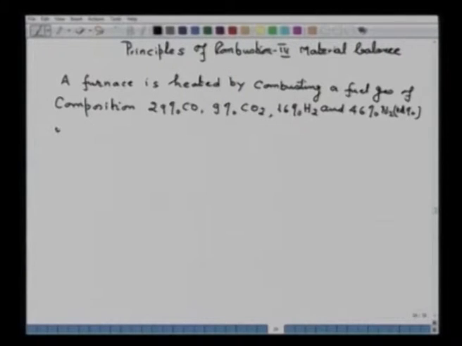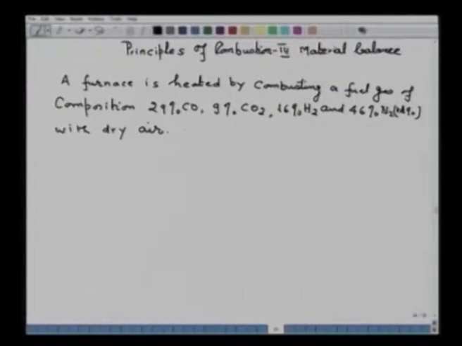With dry air. When we say dry air, the air has a composition of 79% nitrogen and 21% oxygen.